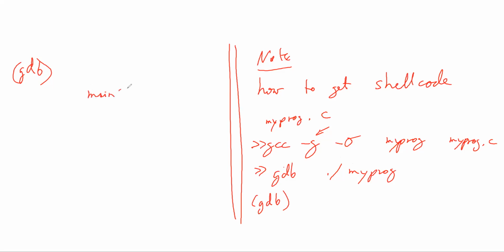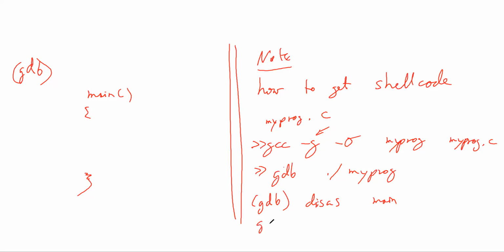If you want to look at that main and focus just on it, you can use disassemble main by the name. Now you'll be able to look at the disassembled version of it, which is getting the opcodes for the shell code.